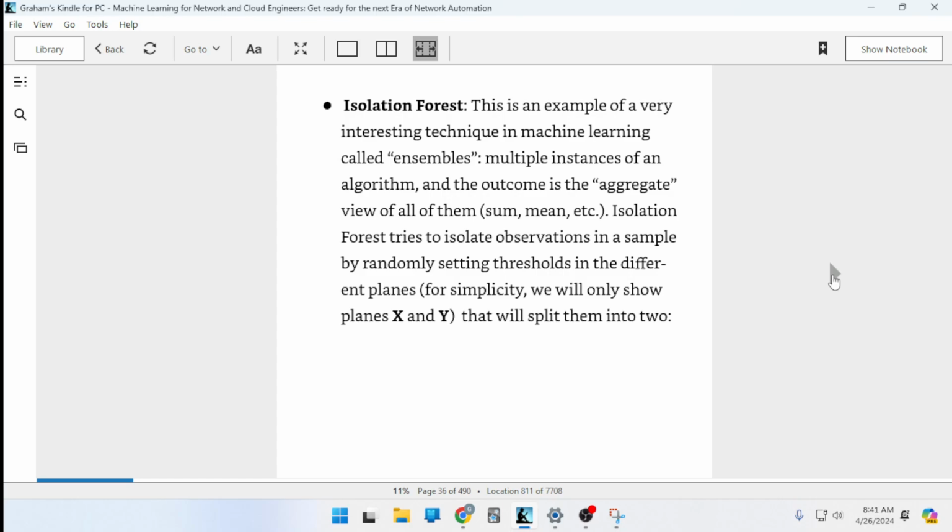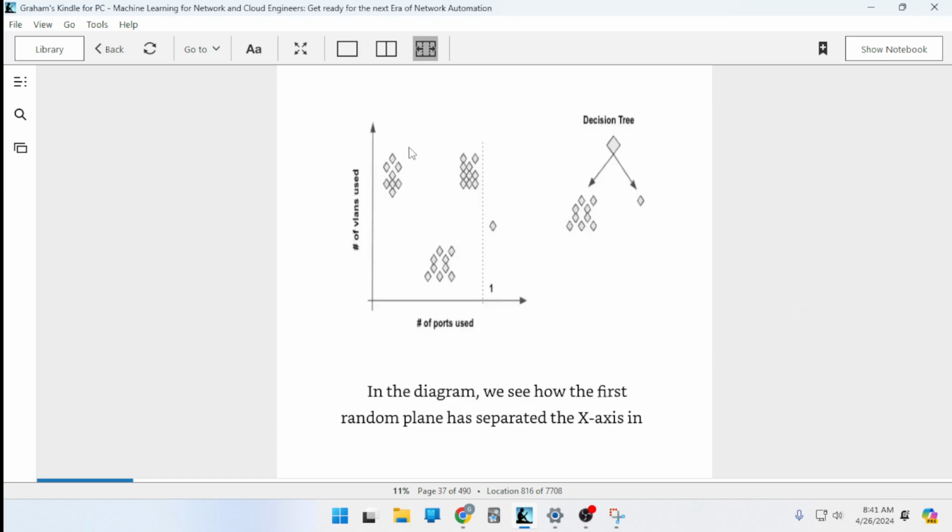Isolation forest tries to isolate observations in a sample by randomly setting thresholds in the different planes. For simplicity, we will only show planes x and y. That will split them into 2. So here we go. Here's the isolation forest. Same graph as before, but now we're splitting it into 2 planes, and we have a decision tree here.